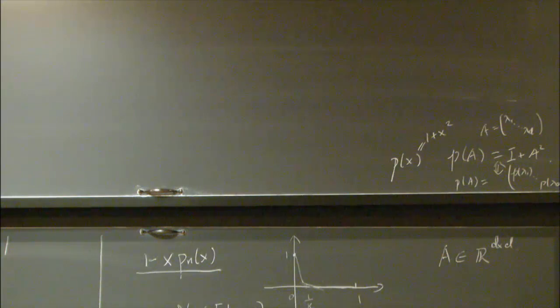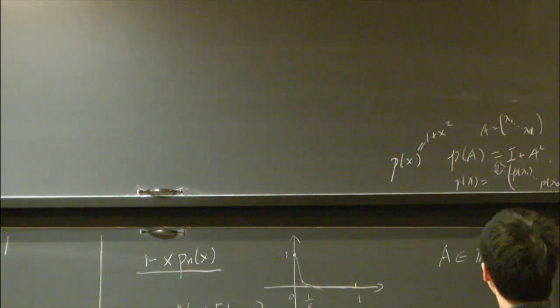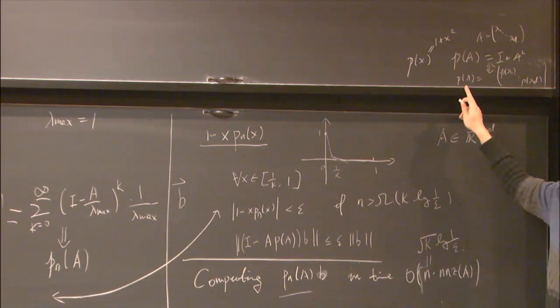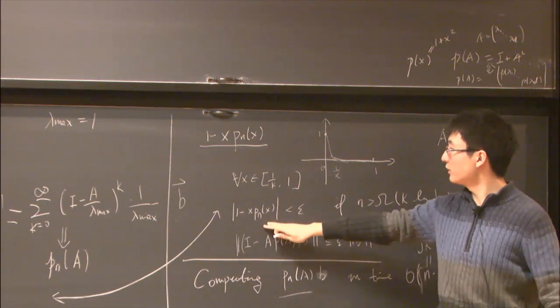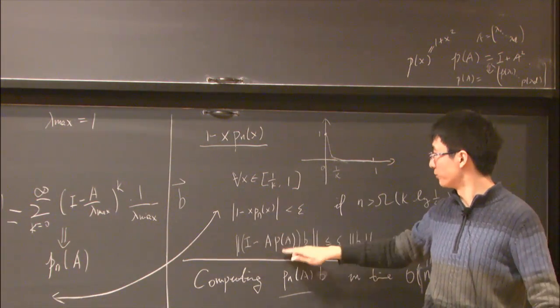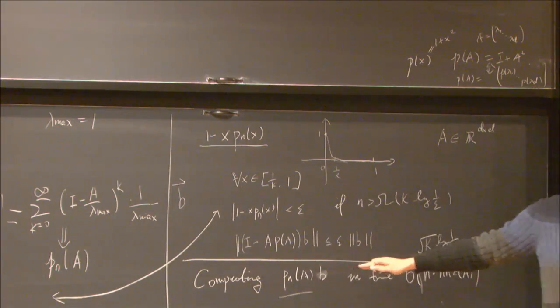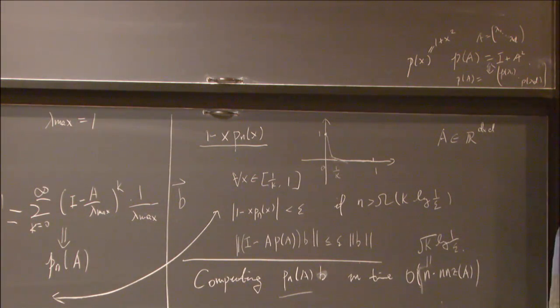And therefore, as long as we can make the eigenvalues of the matrix diminish under this polynomial, then if you put in the matrix, it's also true. Yeah, that answers your question.